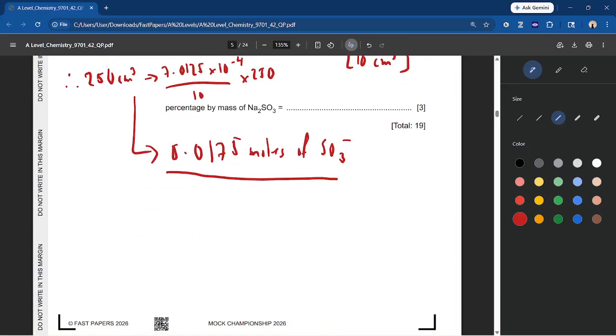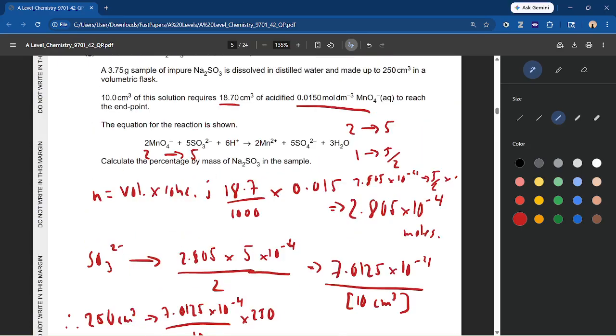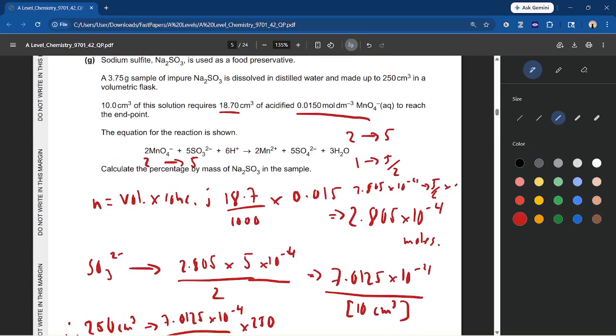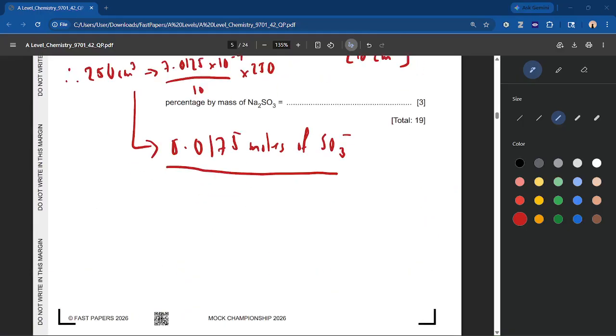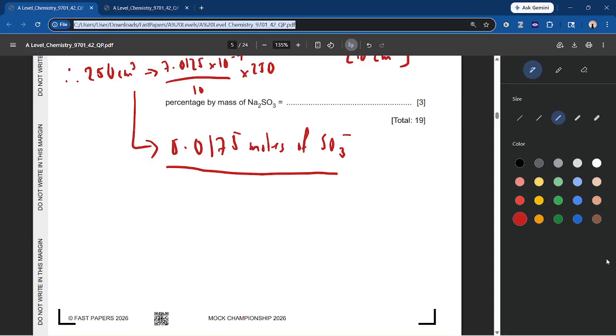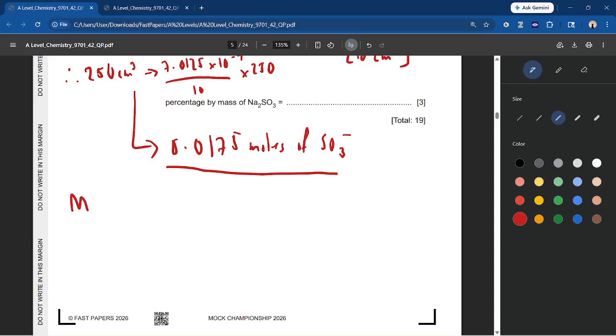So we're going to need to figure out the Mr of sodium sulfite. Just give me 1 second while I get that ready. Right, so the Mr of Na2SO3.